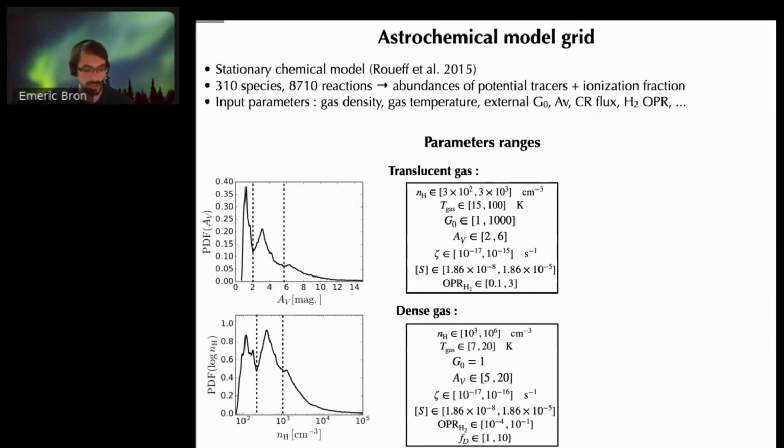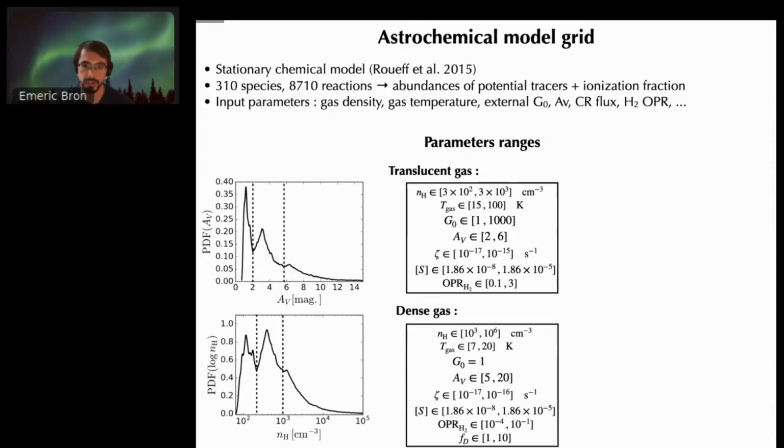So first, let's start with our grid of physical models. We used a stationary chemical model with a full chemical network, including more than 300 species and 8,000 reactions, and exploring the range of realistic values in gas density, gas temperature, UV illumination, and so on.